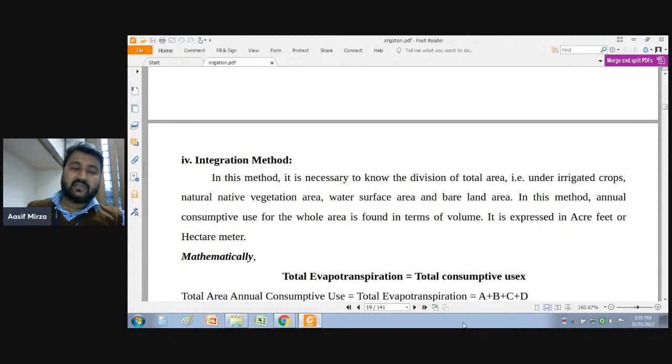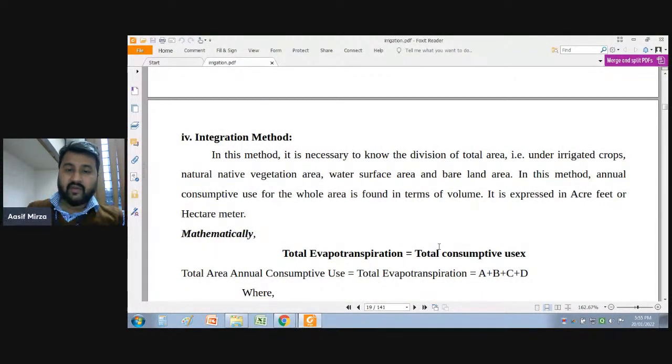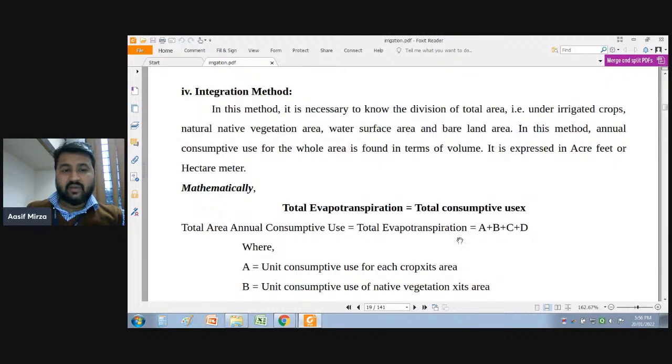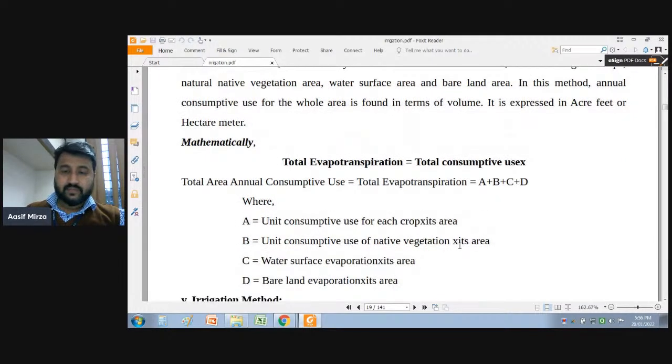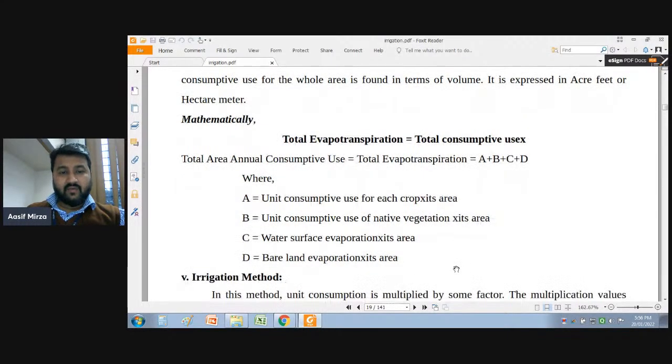Mathematically, total evapotranspiration is equal to total consumptive use, which is the annual consumptive use of the area, equal to A plus B plus C plus D. Now what are these A, B, C, D? A is the unit consumptive use for each crop into its area. B is the unit consumptive use of native vegetation into its area. C is water surface evaporation into its area, and D is bare land evaporation into its area.